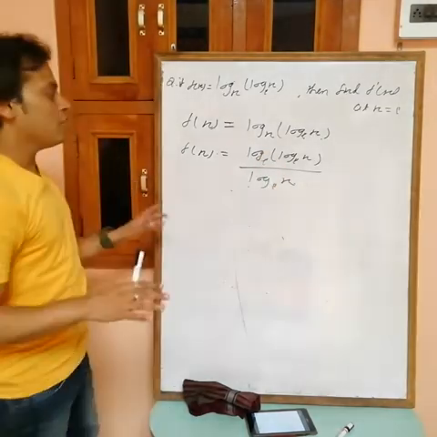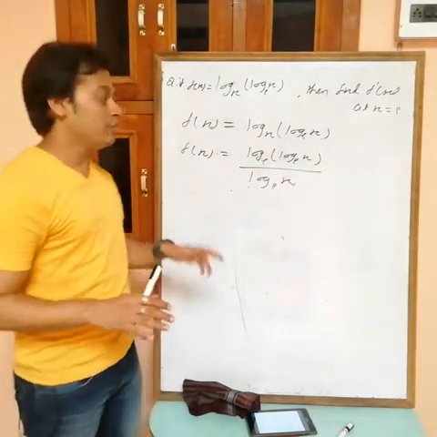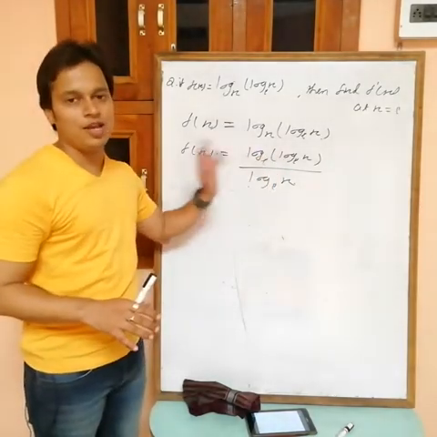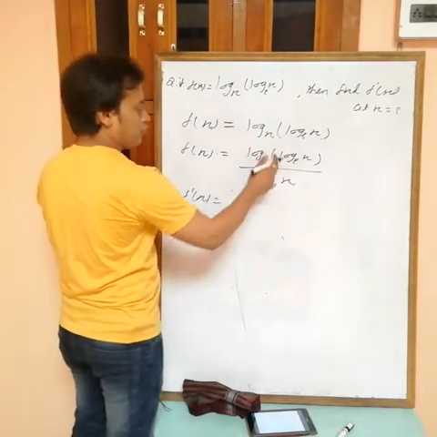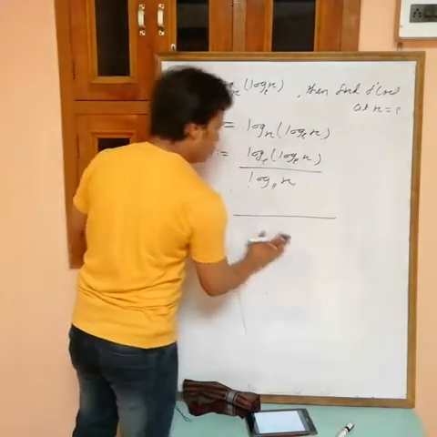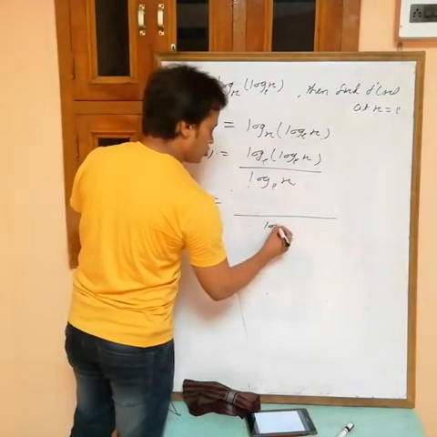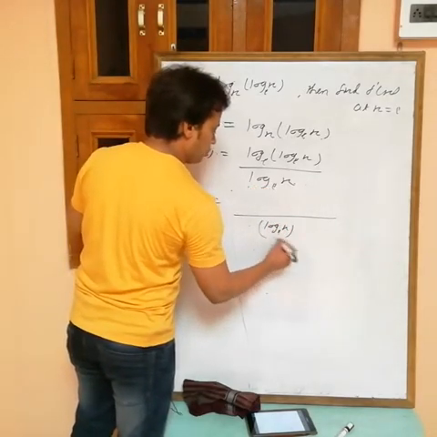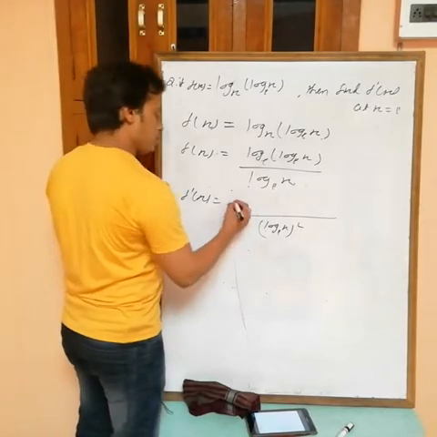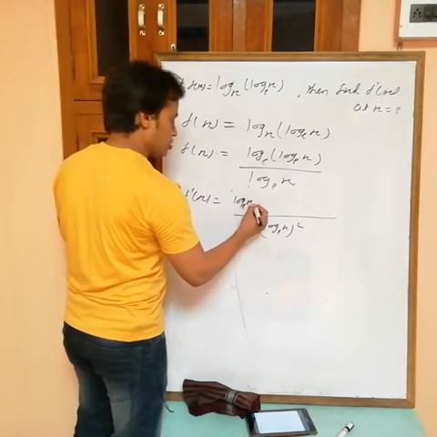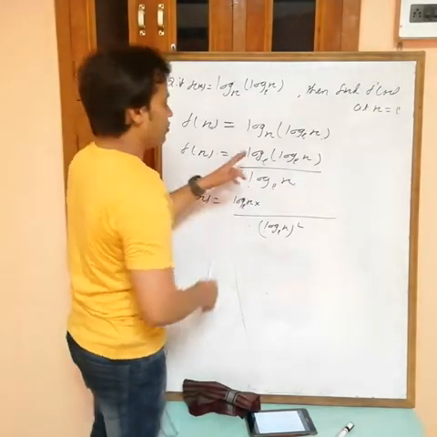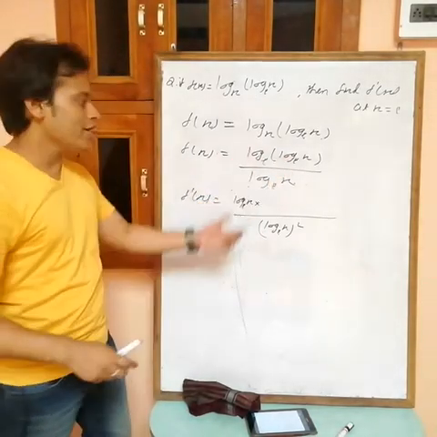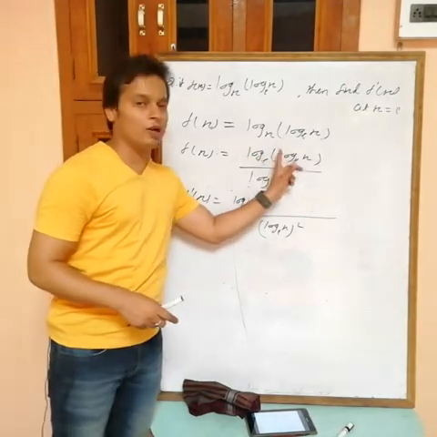Now I can differentiate this one and this one, but we have to use the u by v formula. So differentiate f dash x. In u by v, in the denominator we have the square of the denominator. Then in the numerator first write the denominator log ex, then the differentiation of the numerator. Now you want the differentiation of log of log ex, so I am assuming log ex as x, then this is like log x.